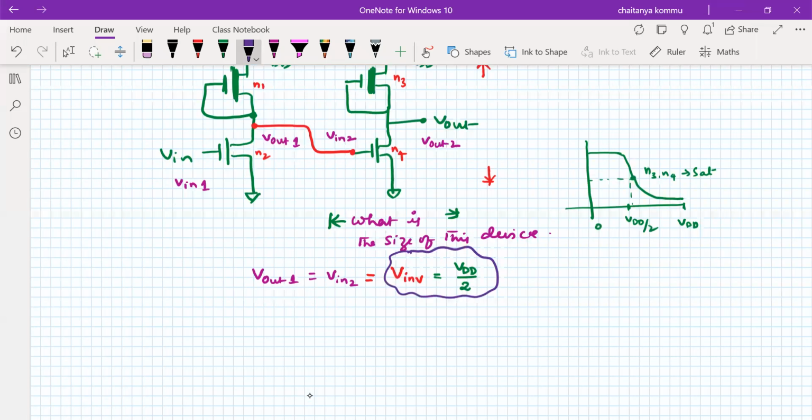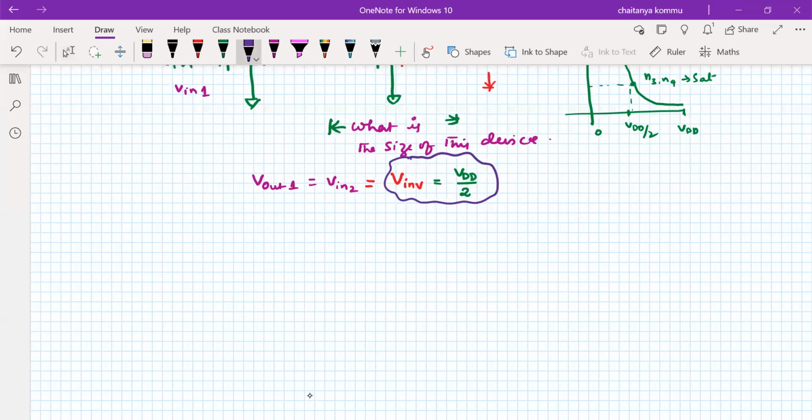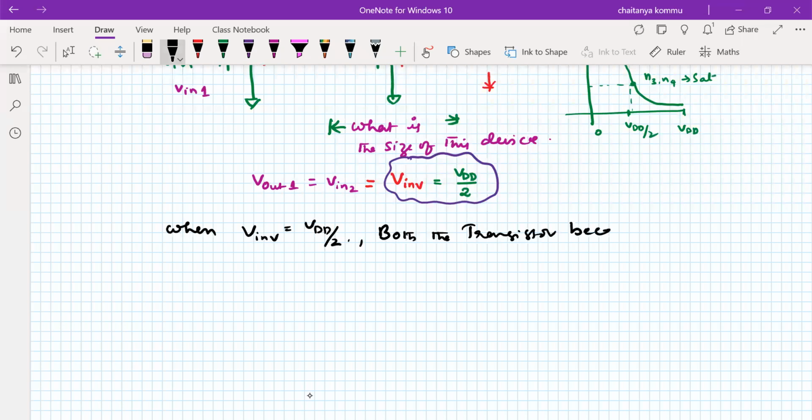Under this condition, both the transistors become on, the two in saturation.